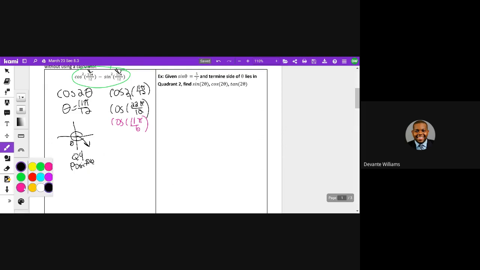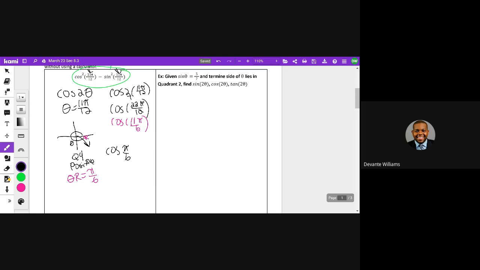So our reference angle for 11 pi over 6 is what? It should be pi over 6. So now we want to find the cosine of pi over 6. That should be very easy. This is one of our special angles.